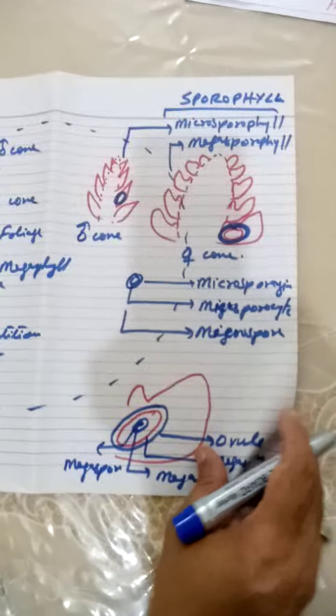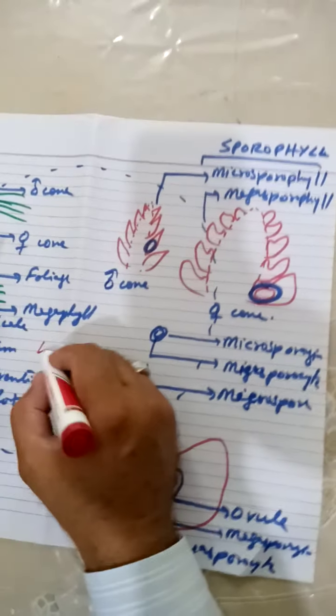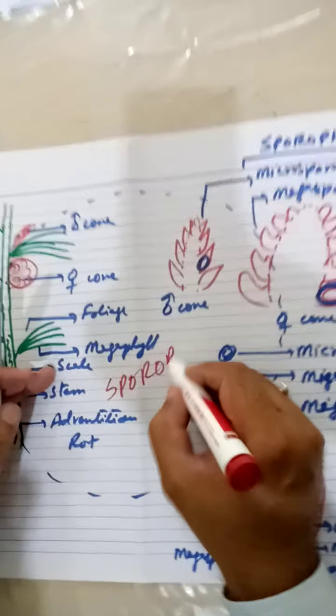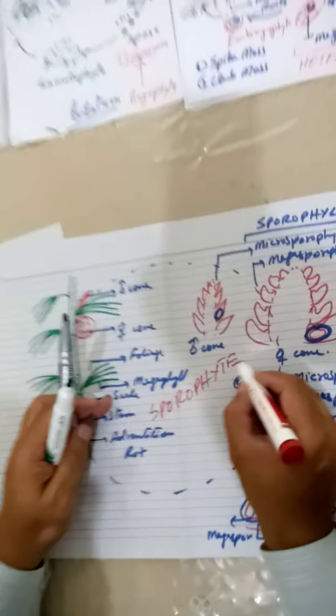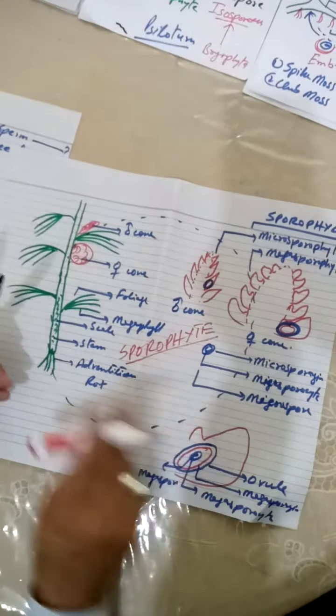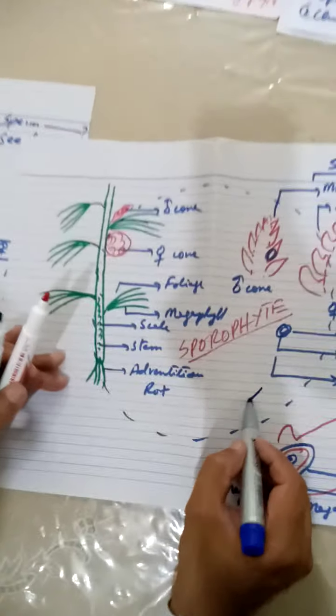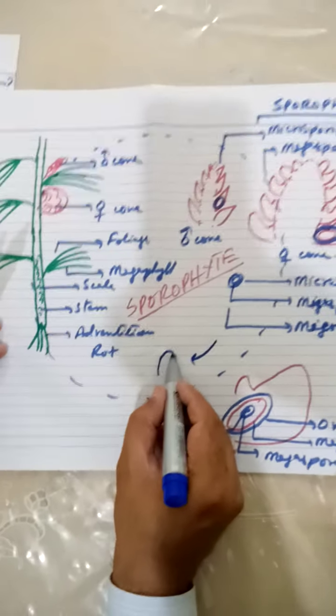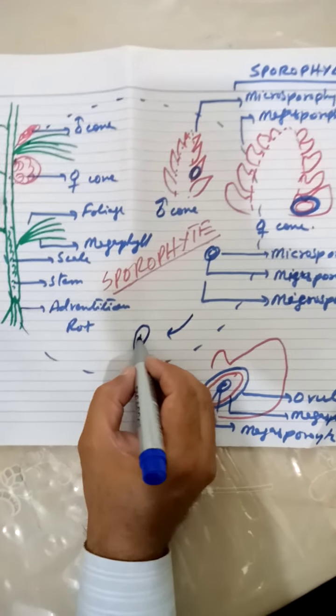It means that the plant is a sporophyte. Now it changes into the gametophyte. The microspore changes into the male gametophyte. It produces pollen.